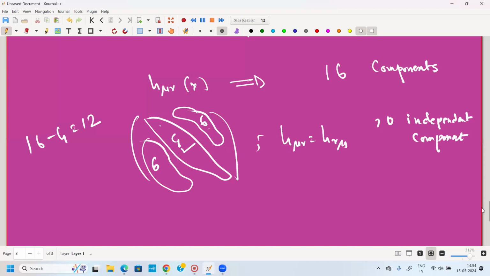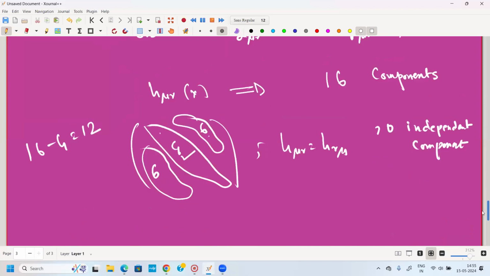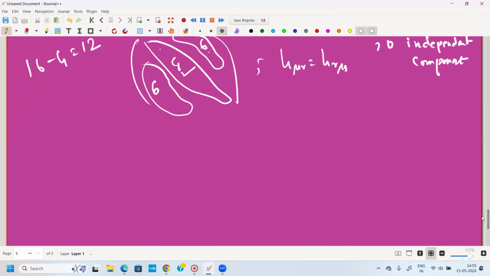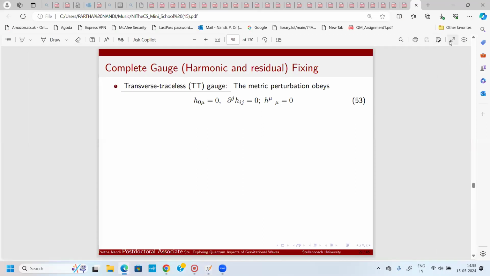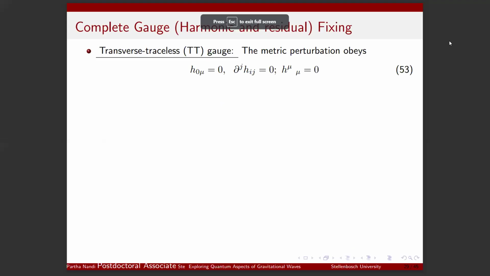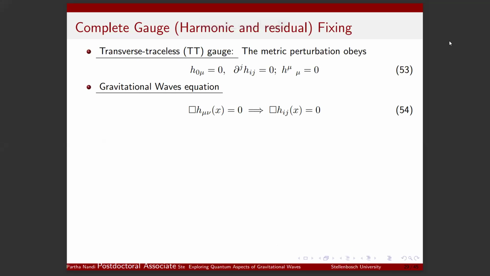But we have already mentioned that we have 8 conditions over and above the 10 independent components. So the 10 initial independent components, using this gauge condition, reduce to 2 independent components. Therefore, the gravitational theory at a linearized level, incorporating the transverse traceless gauge condition, involves only 2 independent degrees of freedom, and these fix the polarization of gravitational theory.